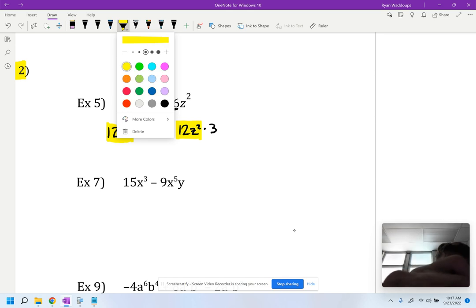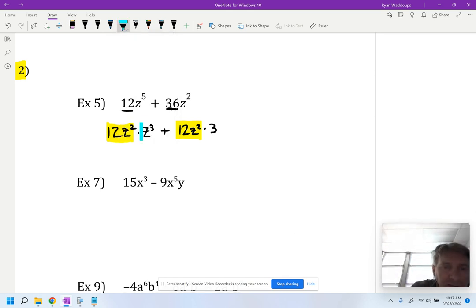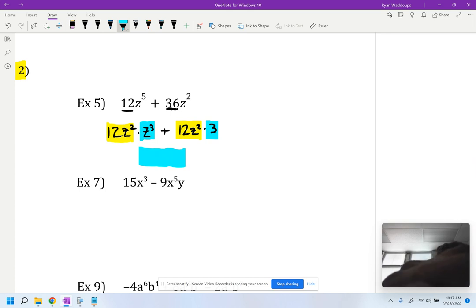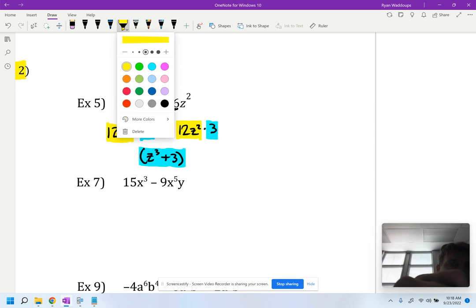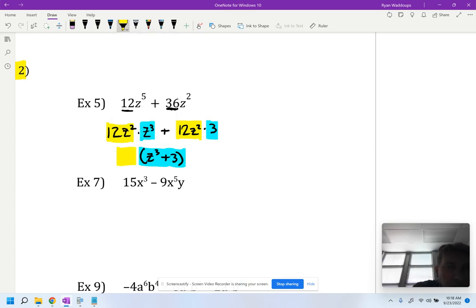And the parts that are left, I'll do those in blue, z cubed and 3. And so what stays inside my parentheses is z cubed plus 3. And what I have on the outside of the parentheses is my common factor, 12z squared.